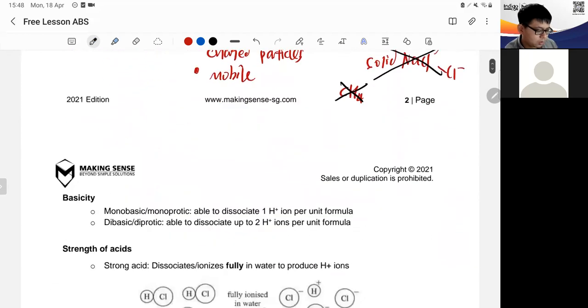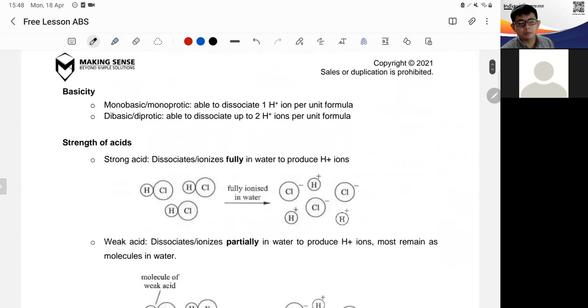Okay, moving on. Let's talk about a bit of terminology. So basicity. Basicity, in very layman terms, is about how many bases the acid can react with. You will see these words come out very commonly. If I say monobasic, the word mono here means one. Monobasic refers to the fact that it can react with 1 mole of base.